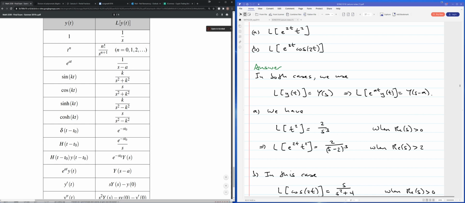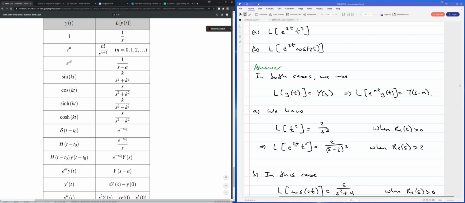When you multiply by the exponential and then take the Laplace transform, you shift it by the coefficient inside. The coefficient in the e to the 2t is 2, so you shift from 2 on s cubed to 2 on (s minus 2) cubed. The s shifts to s minus 2.